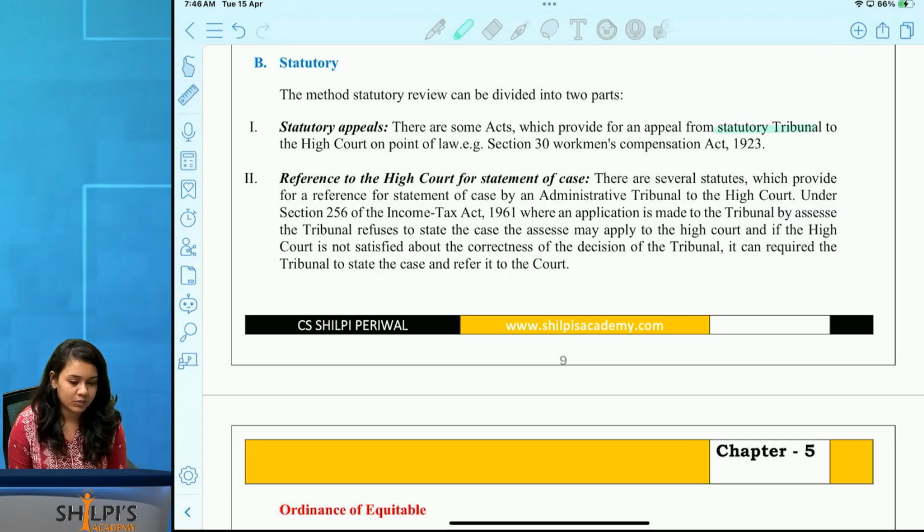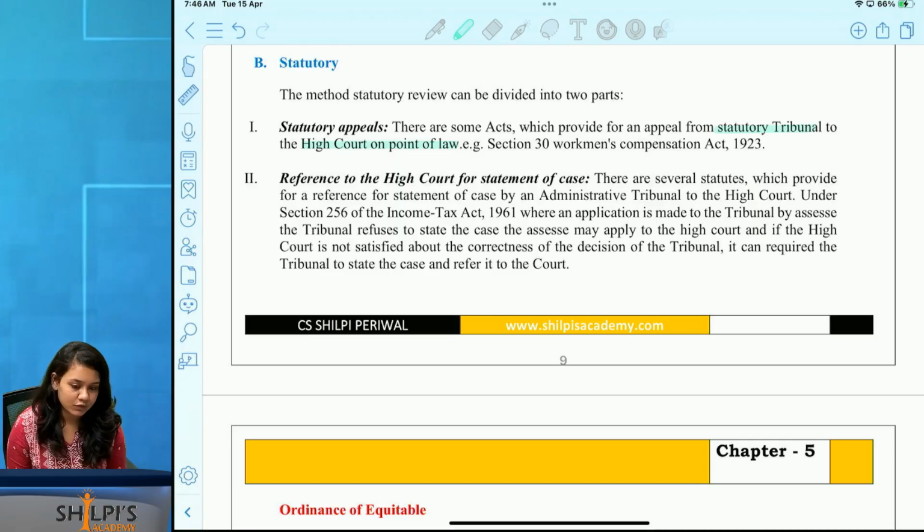But from the tribunal, you can approach the High Court regarding any point of law. So, if you believe that there is any kind of arbitrary action or the application of law itself was arbitrary in nature, then you can still appeal to the higher court for some kind of a remedy.